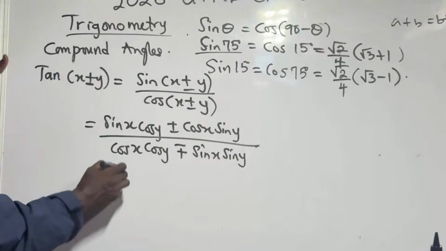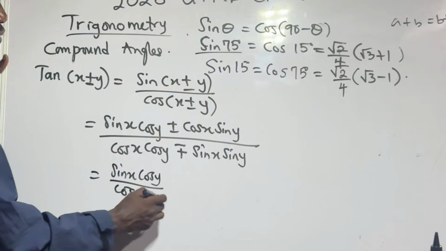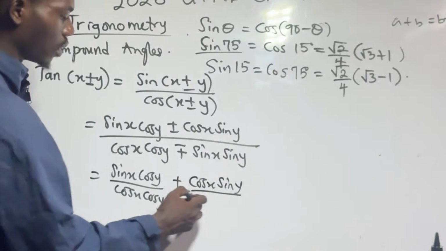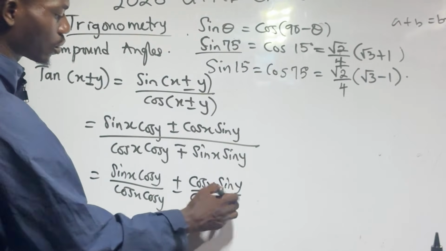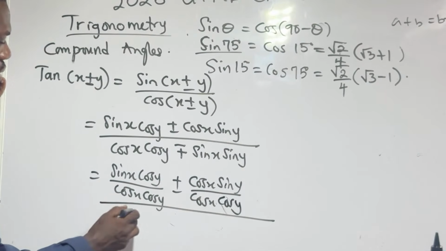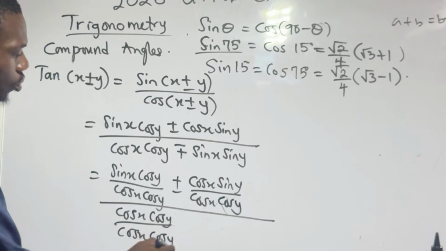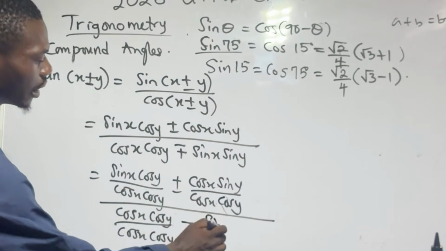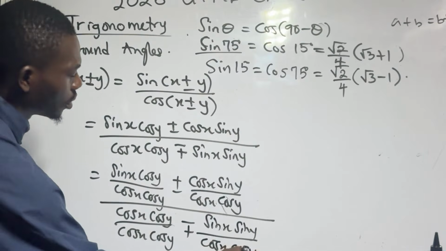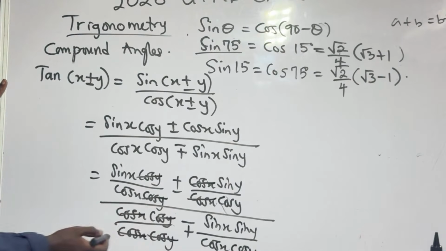So this one here becomes sine x cos y over cos x cos y plus or minus cos x sine y over cos x cos y, all over cos x cos y over cos x cos y minus or plus sine x sine y over cos x cos y. This cancels this here, this cancels this here. You have one left here.